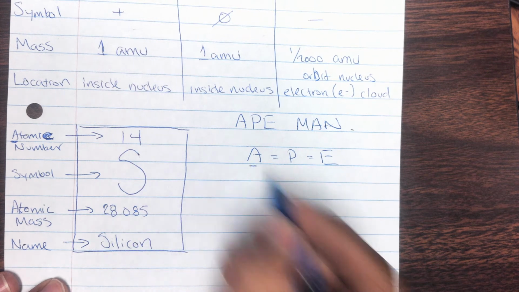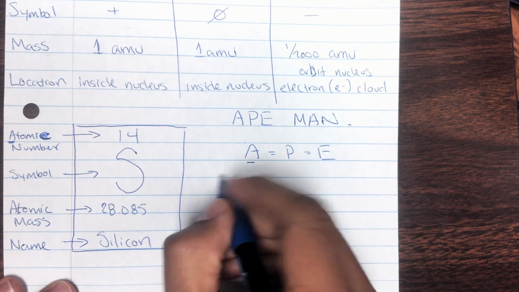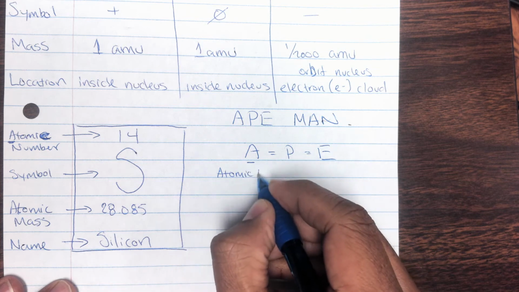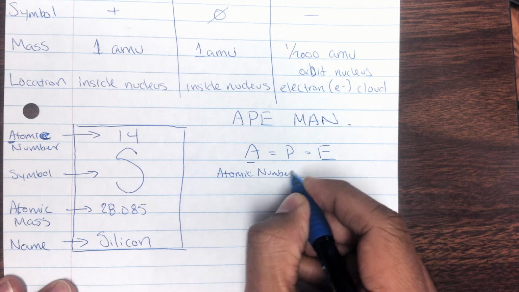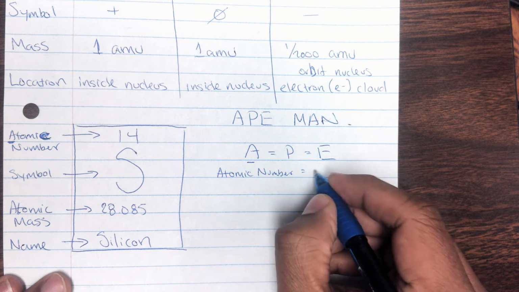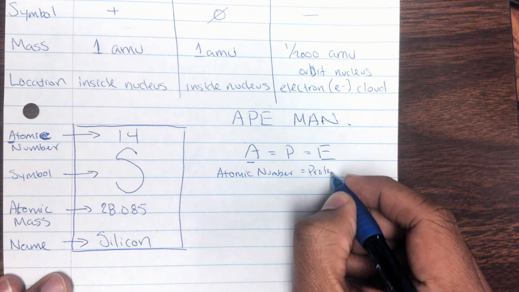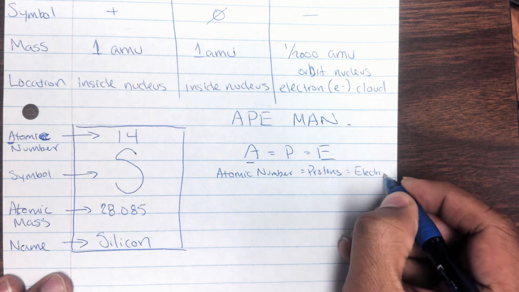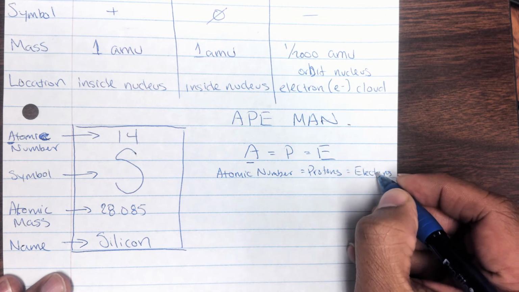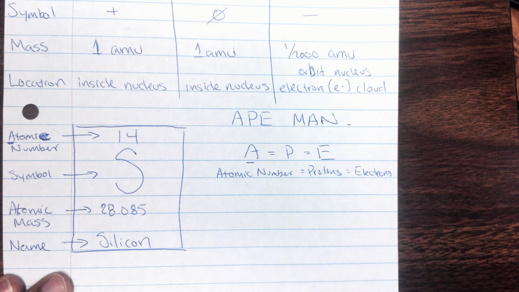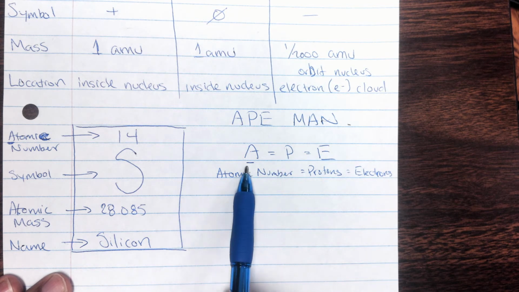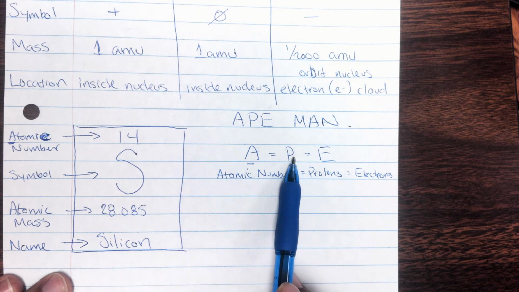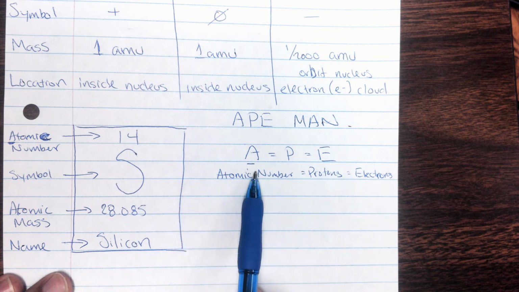A. This means that the atomic number equals the number of protons equals the number of electrons. Alright, so that means that if I know my atomic number, which is given right up here, I know the number of protons and the number of electrons for this atom.